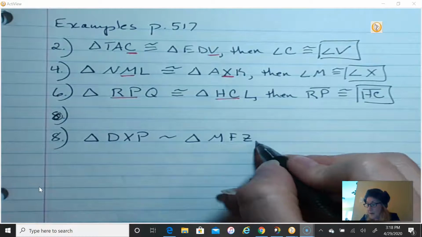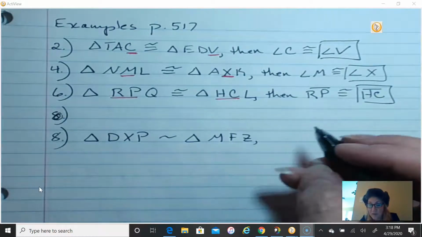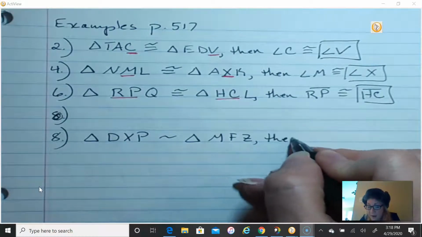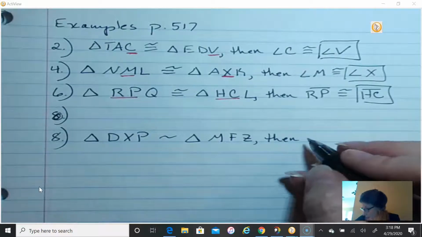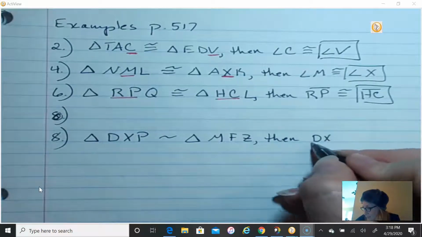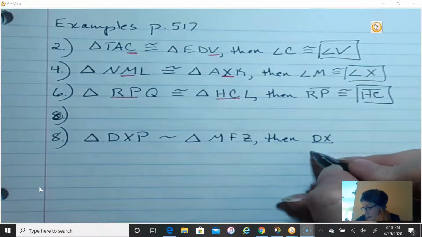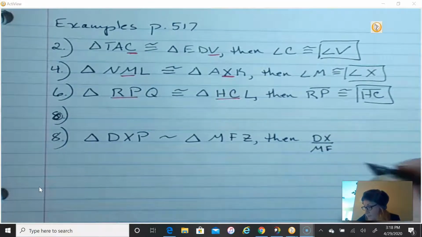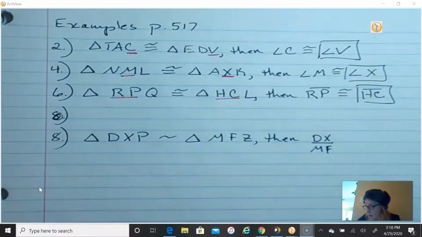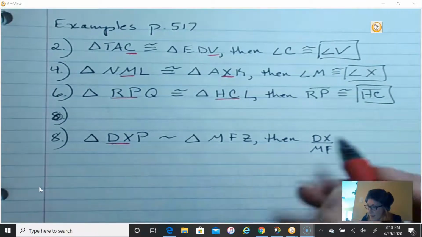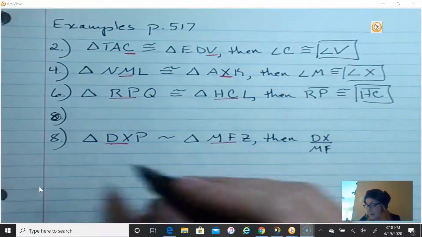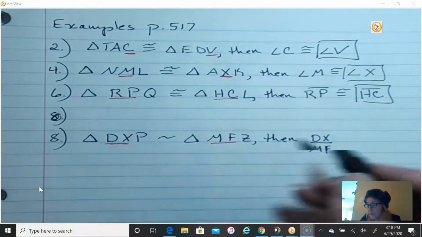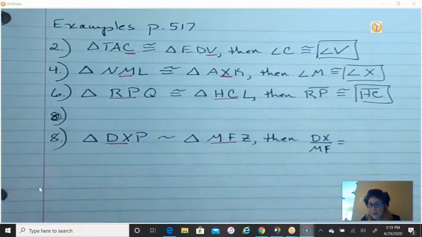If these 2 triangles are similar, then, let's see, how's it look? DX corresponds with MF. So side DX corresponds with side MF, because see how they're listed, the first two. Doesn't mean they're identical, but that's what they correspond with.